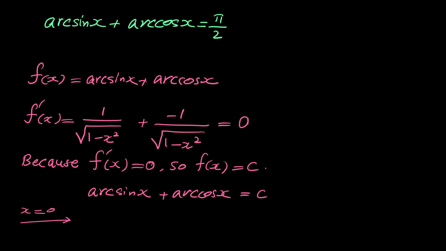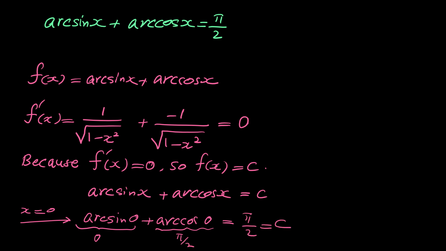If we substitute 0 for x to find c, then we have arcsin of 0 plus arccosine of 0. The angle whose sine is 0 is 0. The angle whose cosine is 0 is pi over 2. So the sum of these two is pi over 2. So from this we conclude that c is pi over 2.